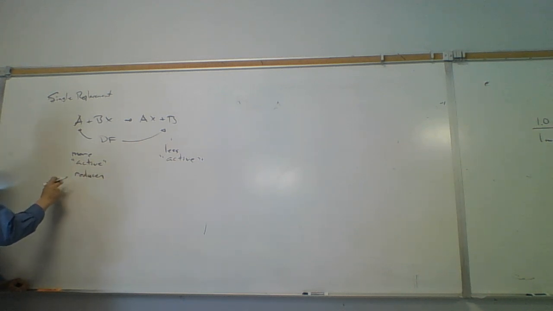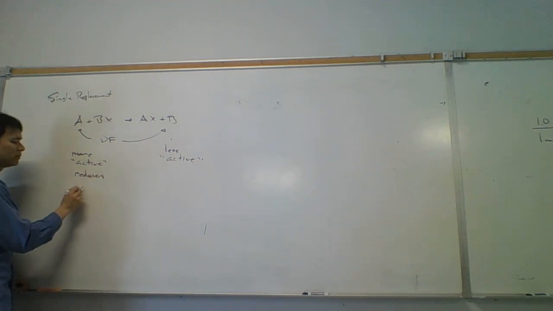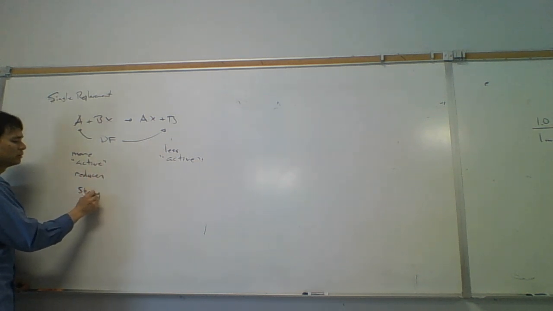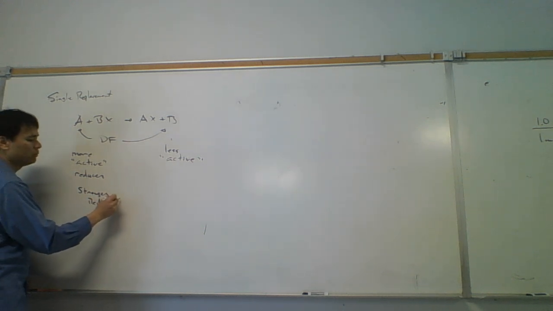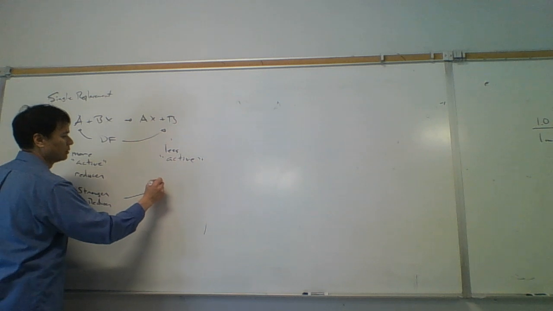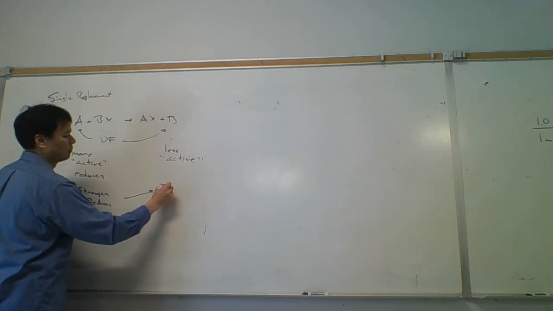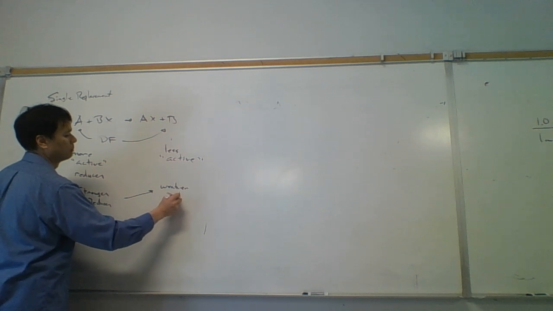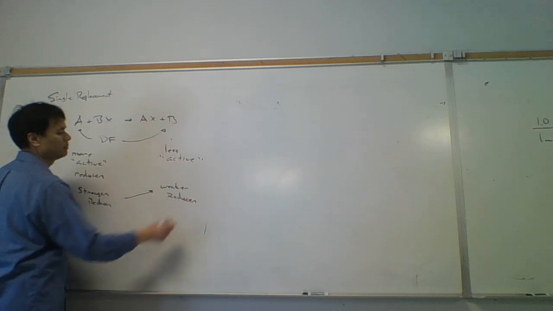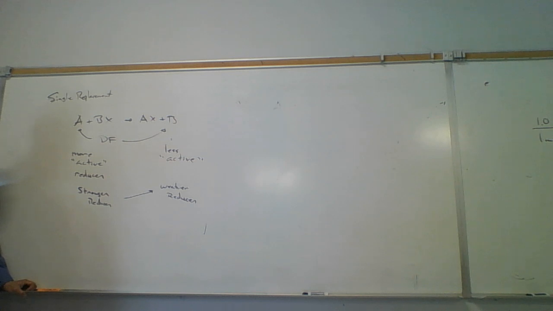So when we're going from more active to less active, we're going from a stronger reducing agent to a weaker reducer. Lithium is the most powerful reducer.